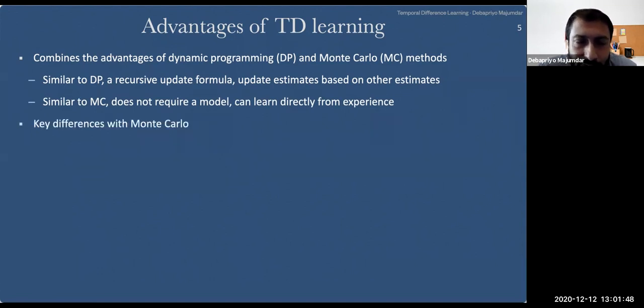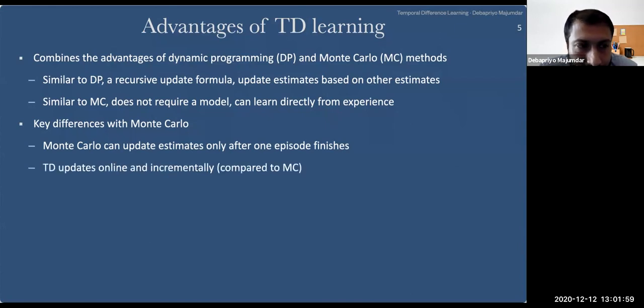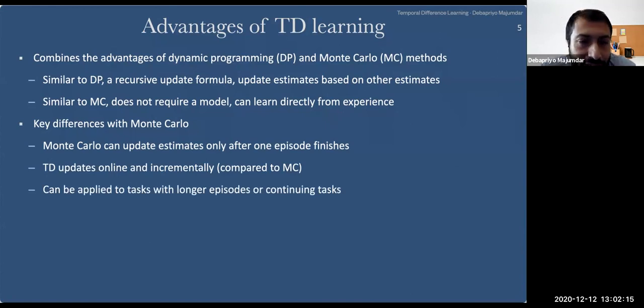Now, the key difference with Monte Carlo is that Monte Carlo can update estimates only after one full episode finishes. And temporal difference updates online and incrementally, right? So essentially, every step, as soon as you reach a step, you update the estimate for the previous step. And that means this can be applied to tasks with very long episodes or which are not even episodic.